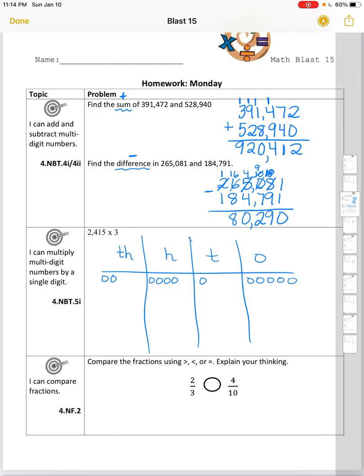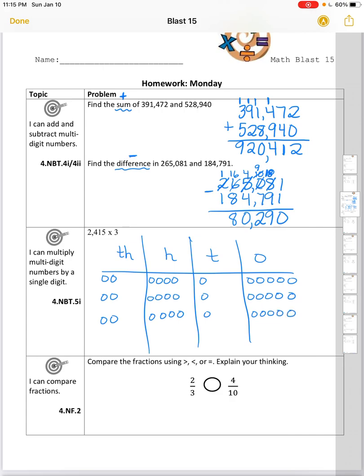And I want 3 groups of that. So if I'm multiplying by 3, that means I'm making 3 copies here. So I have 1 copy right now. Here's my second copy of 2,415. And here's my third copy of 2,415.